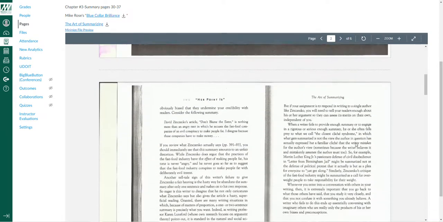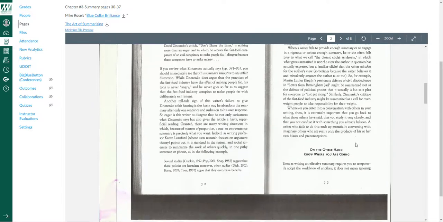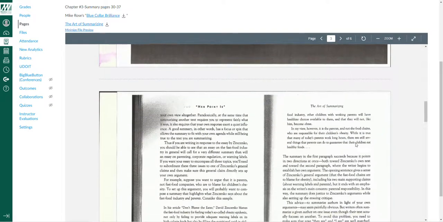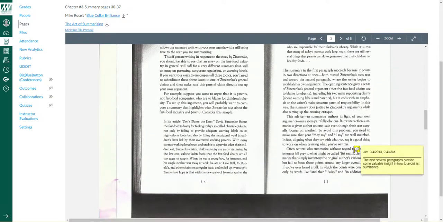I think I have those throughout the reading, but it's not a very complicated reading, and I want everyone to really be focused on what we have in the way of thinking about writing summary.